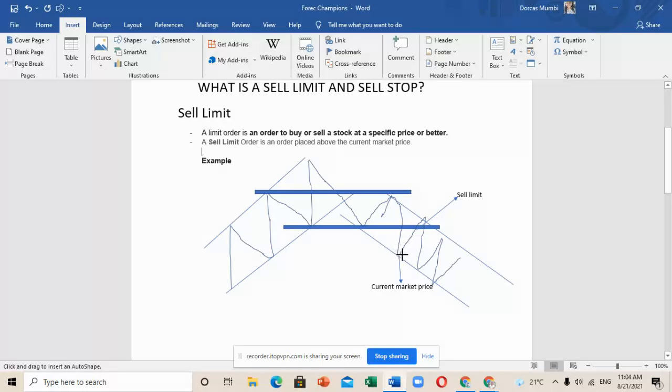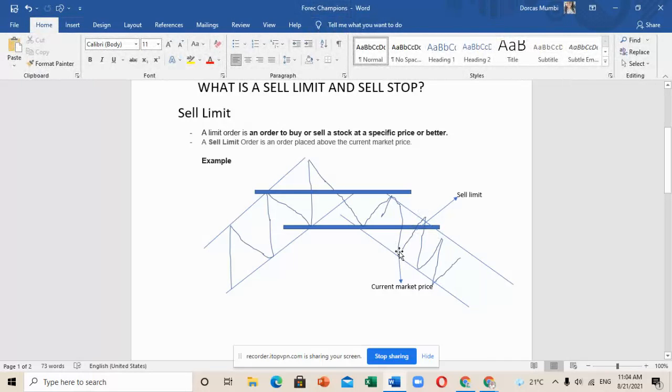So when the current market price is at this position, you are supposed to put in your sell limit at this position here. This will help you in that when the market moves from this position to this position, automatically you're going to be placed in that trade. And when it rises up to this position and moves further to the downside, you'll be able to make profit.